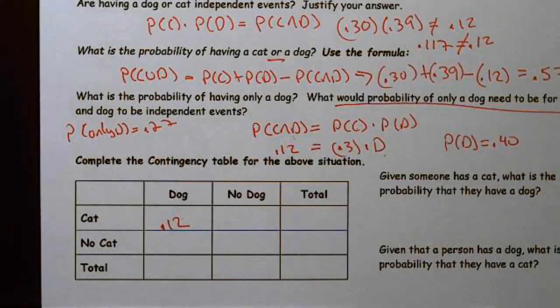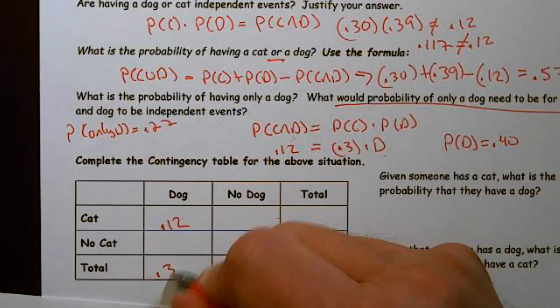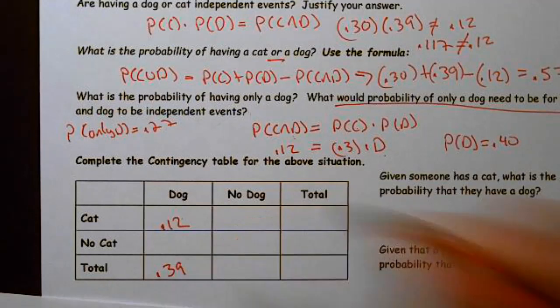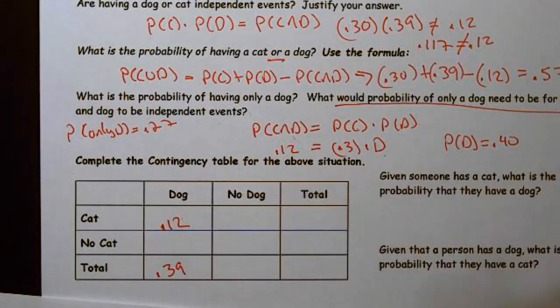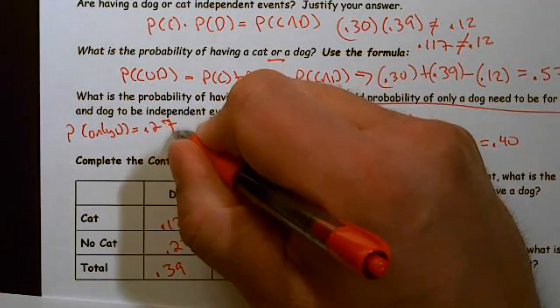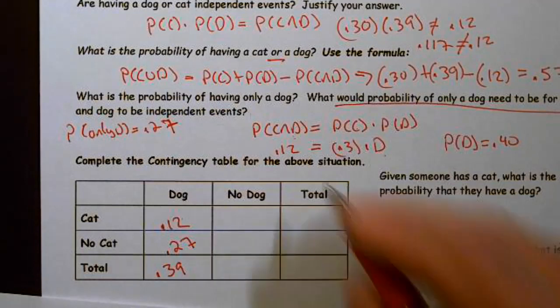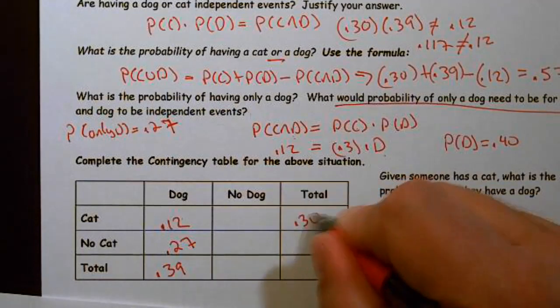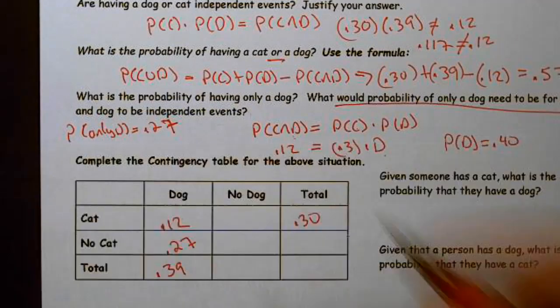Probability of a dog. Well, we said the probability of a dog earlier was 0.39. The probability of dog only, 0.27, because they have to sum up. The probability of a cat was 0.30. Probability of cat only is just this part right here, 18%.